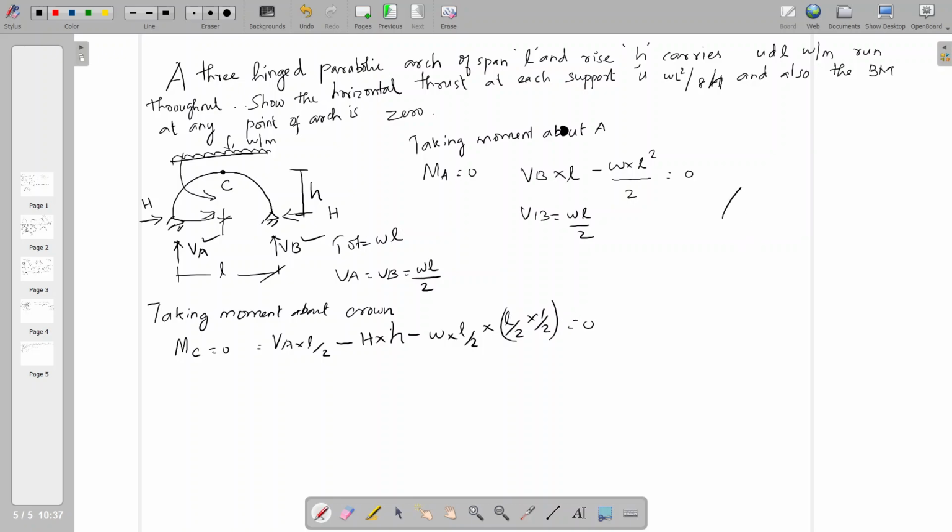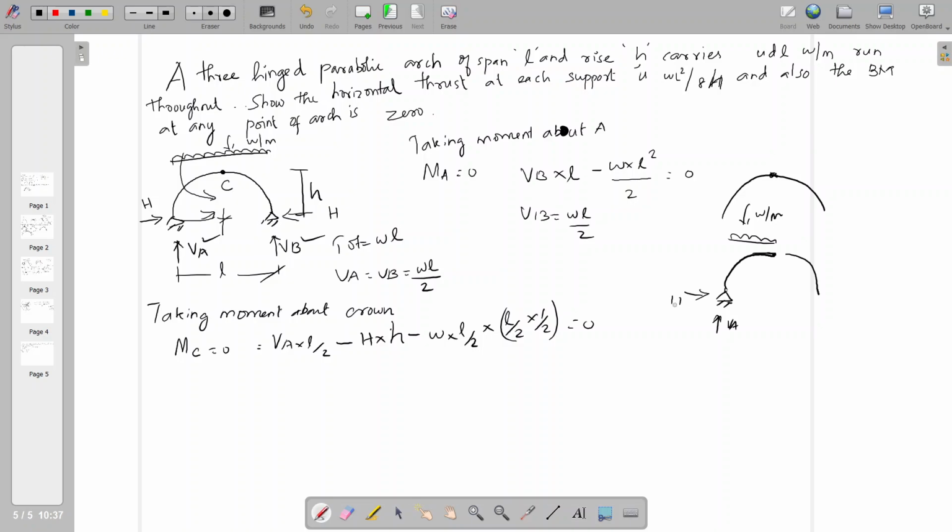If you introduce a hinge at this profile, you can separate it as two sections, up to the hinge point, and you can analyze separately. That's what we have done. W per meter. So this is VA.